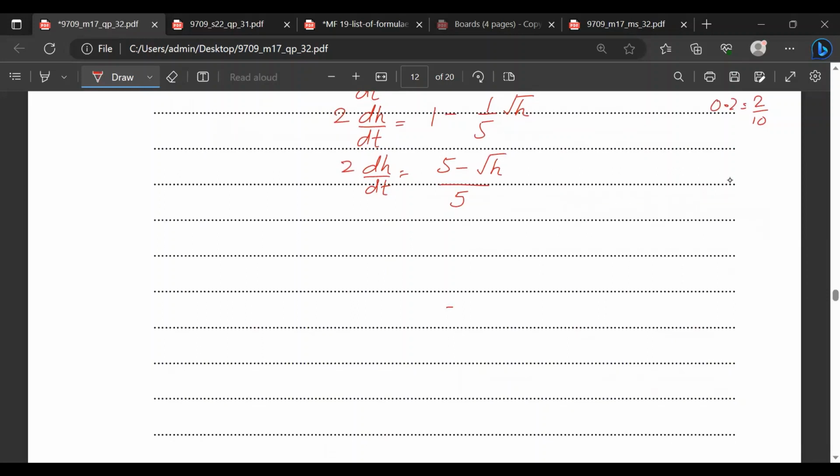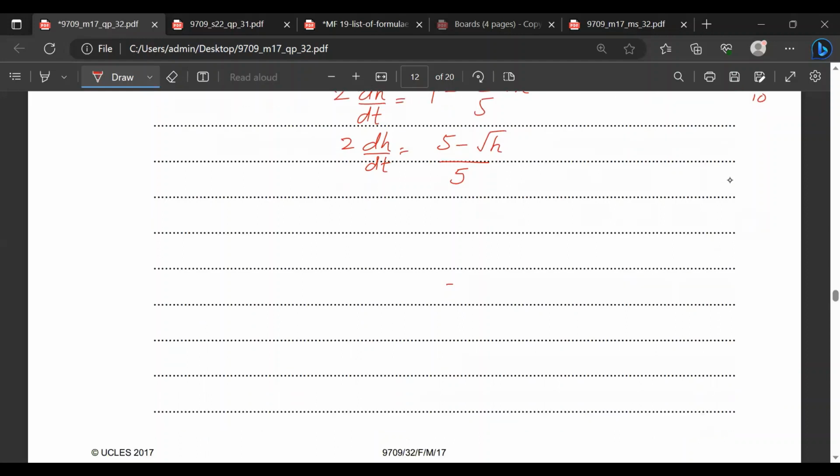Next, separating the variables. This is the case of a differential equation when the variables are separable. So 10 over 5 minus root h dh is equal to dt, collecting all the terms in h on the left hand side.